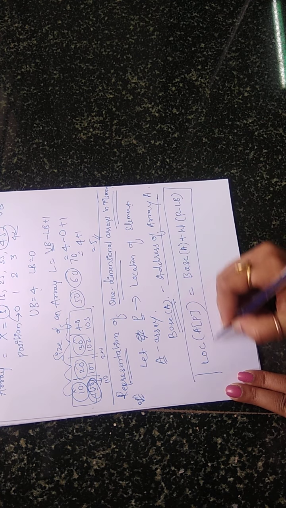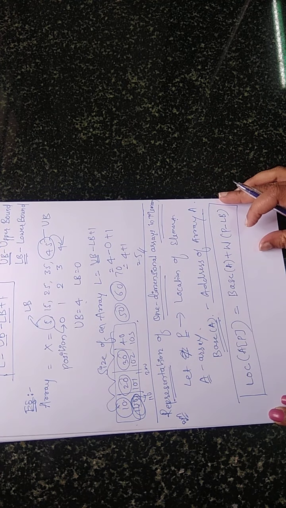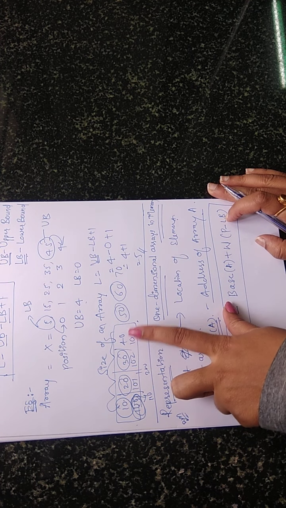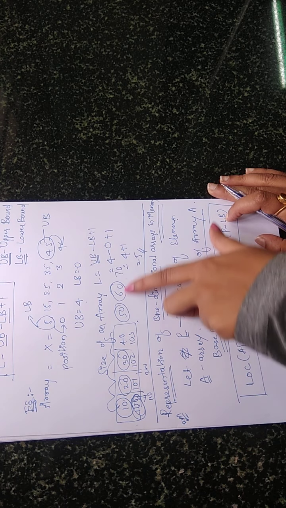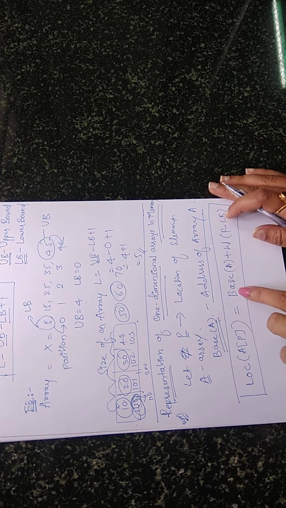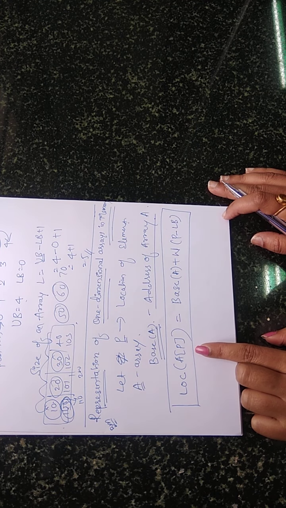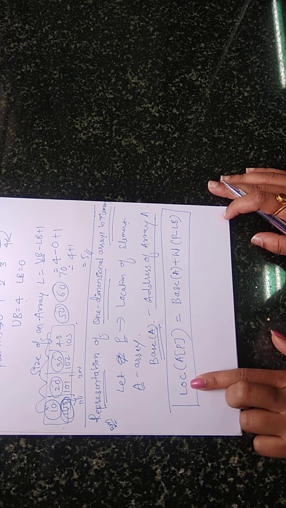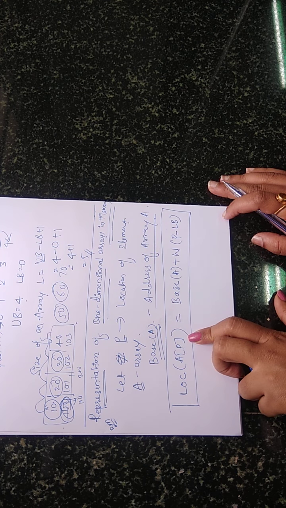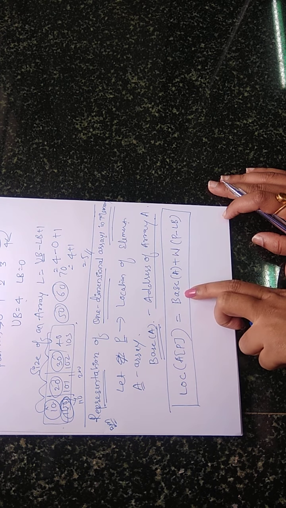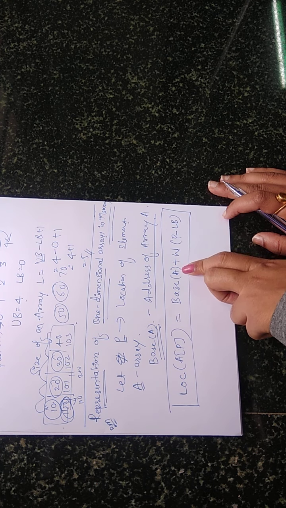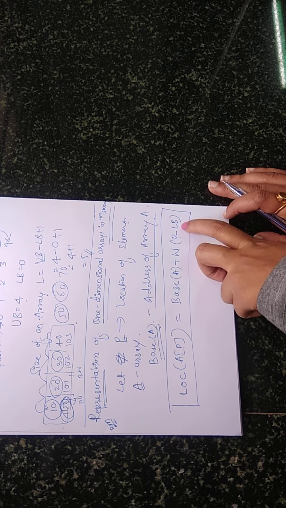When you want to find the location of any element in the array, we use this formula. Location of A of P equals base of A plus W times P minus LB.